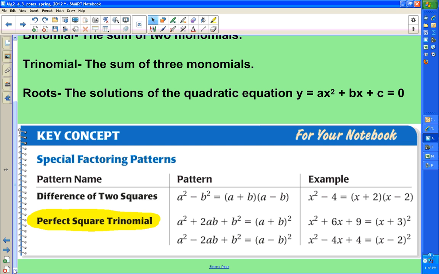How do you find it? You plug in 0 for y. And that's for any function. If you need the x-intercepts, plug in 0 for y. That's what we're telling you right here. Roots are the solutions of a quadratic equation, or any equation, that is set equal to 0.